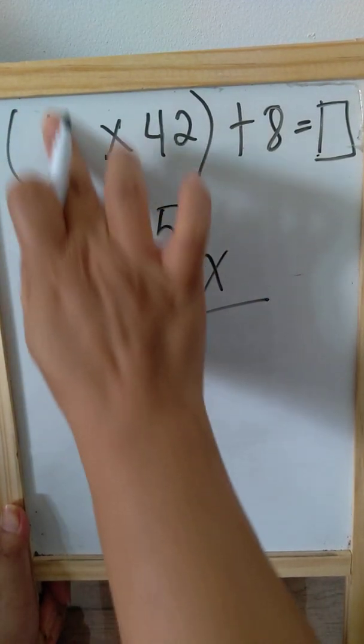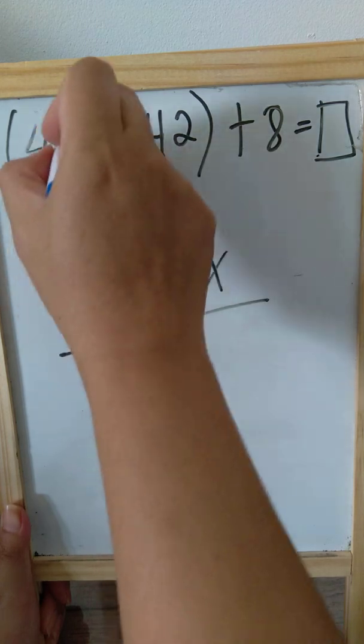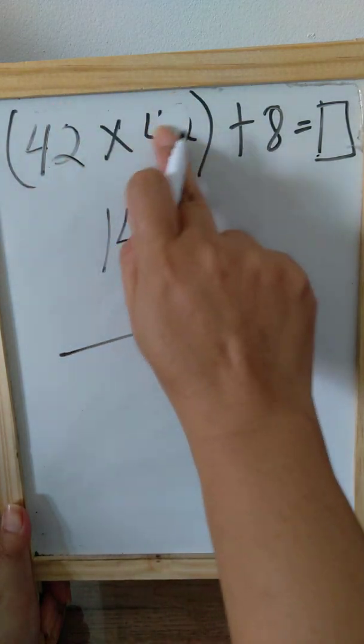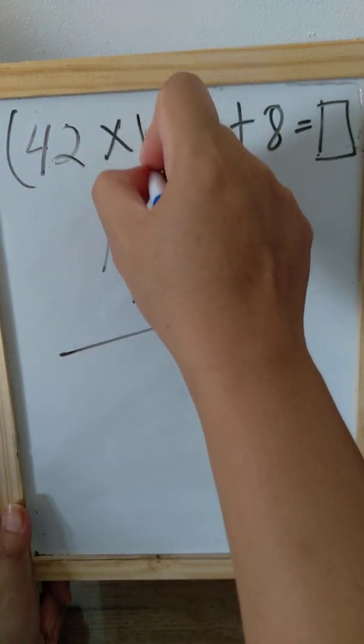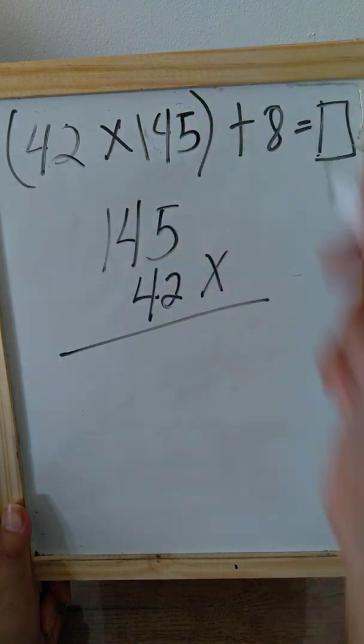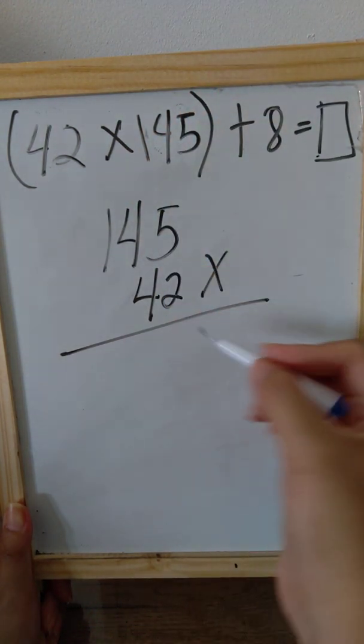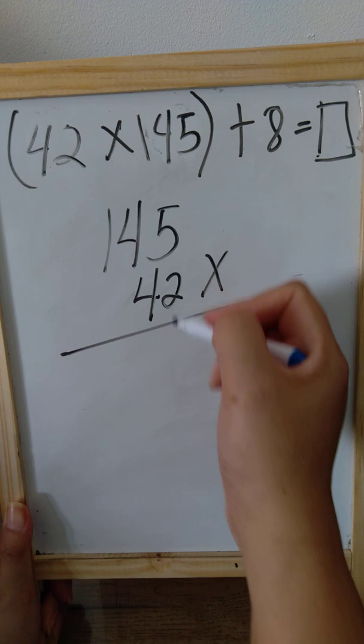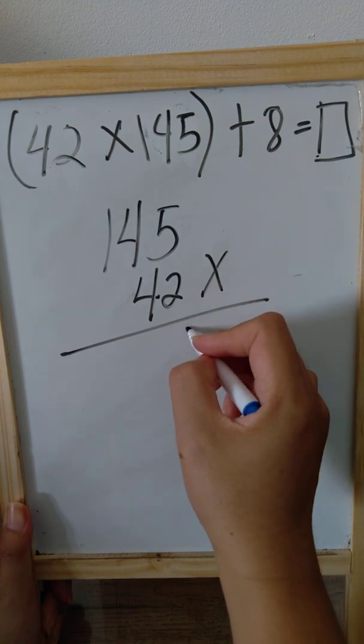This is 42, this is 145. Now let's multiply. 2 times 5 is equal to 10.